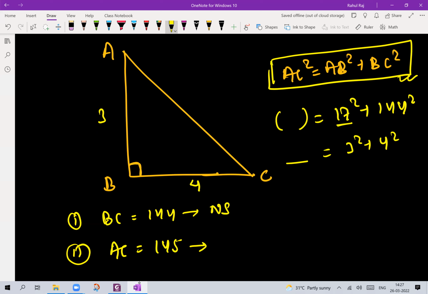What is the value of AC square? Now you say it's 25, but I would say no. Let's say it is 5. It could be 5. It could be 6 as well. It could be 4 as well. So technically, in case of 3, 4, 5, I don't know what is the value of AC. It could be 5, it could be 6, it could be 4. And the same logic goes for 17, 144, and 145. Understood?